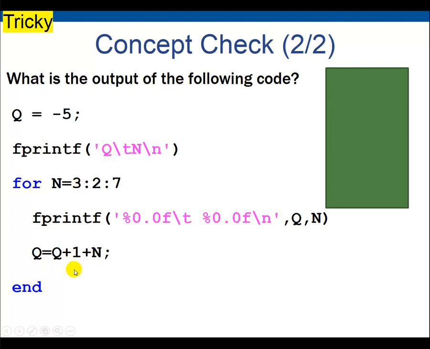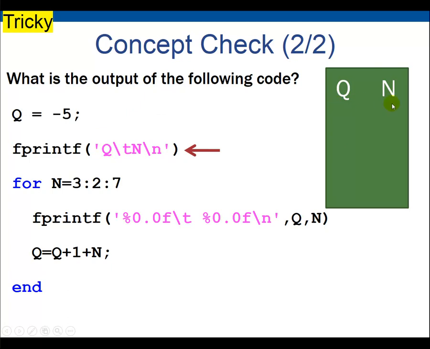So that means -5 plus 1 plus 3, that means -1. And then go here again, Q contains -1, and N will be changed with 2 increments, so it should be 5, right?